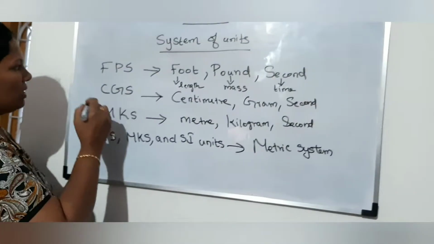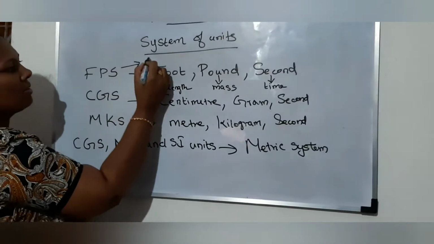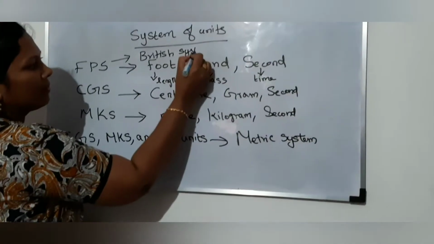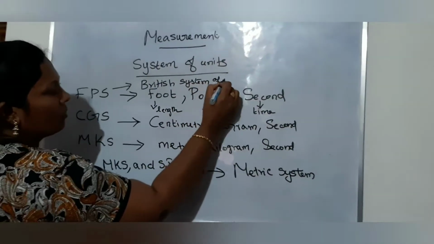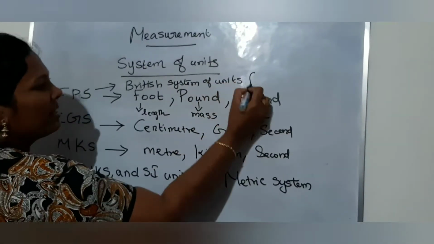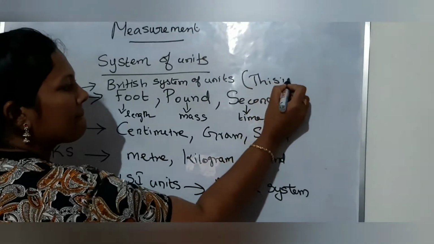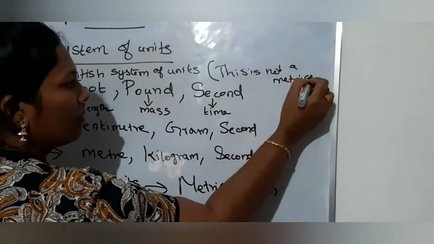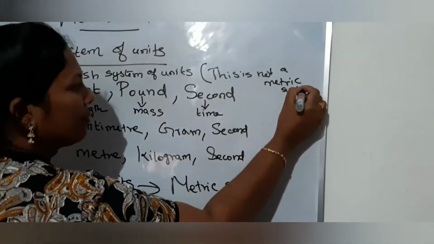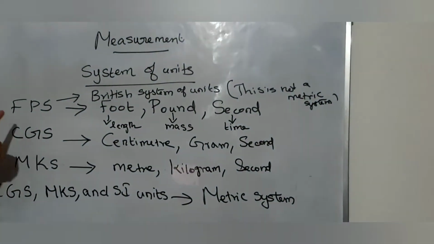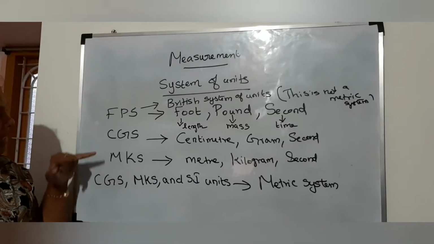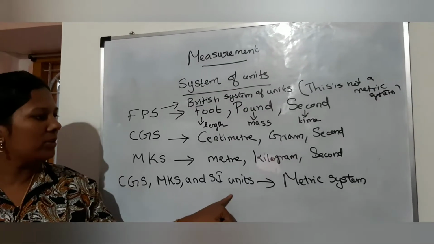It is a British system of units. So, this system differs from CGS, MKS and SI units.